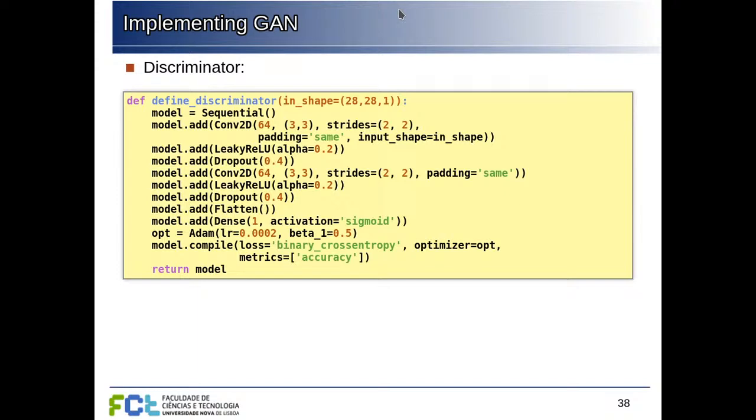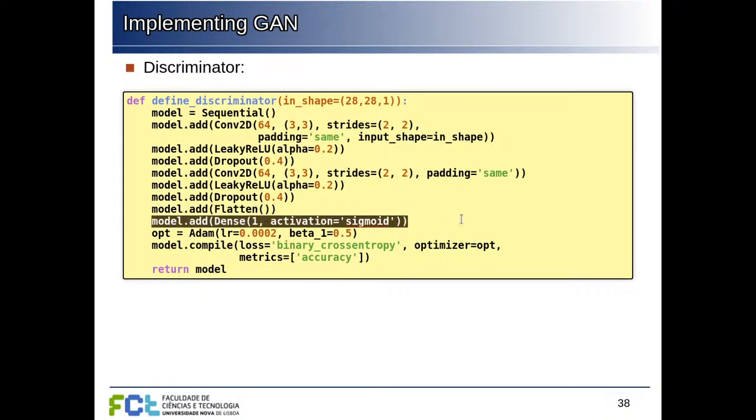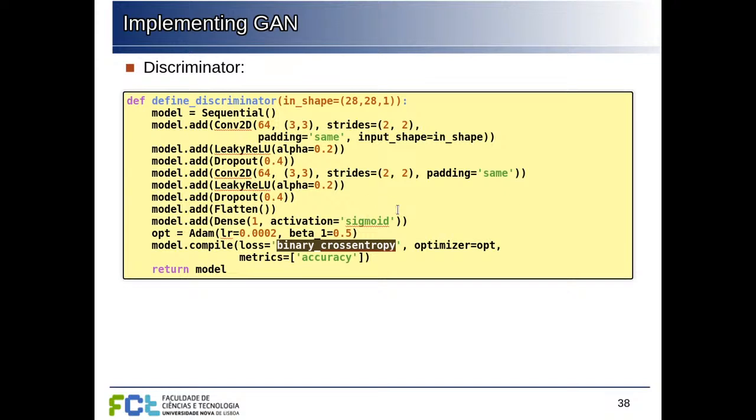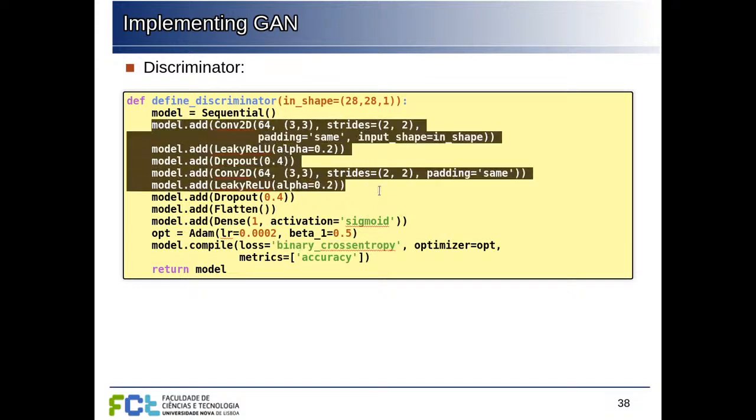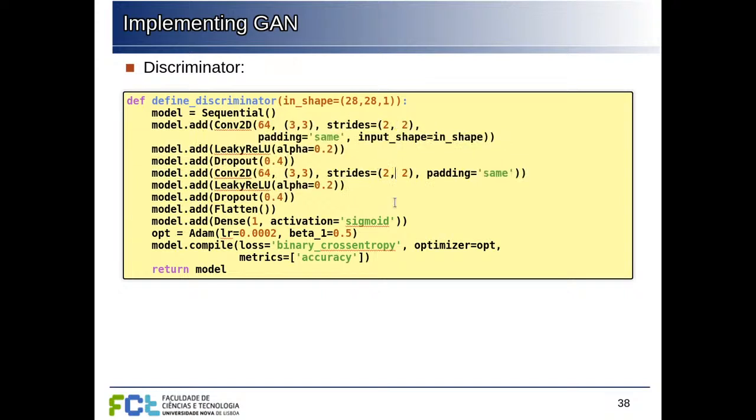This discriminator is simply a convolutional network that classifies images into fake or real. So we just need one output here, one neuron with a sigmoid output. We're going to use the binary cross entropy for this model, and we just add the convolutional layers and flatten here to get the dense layer. You can use pooling if you want.